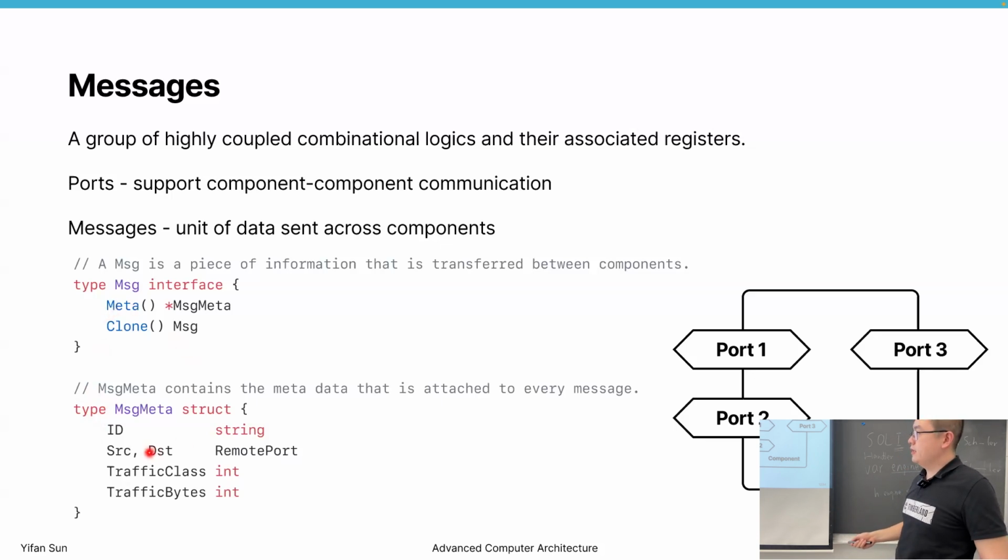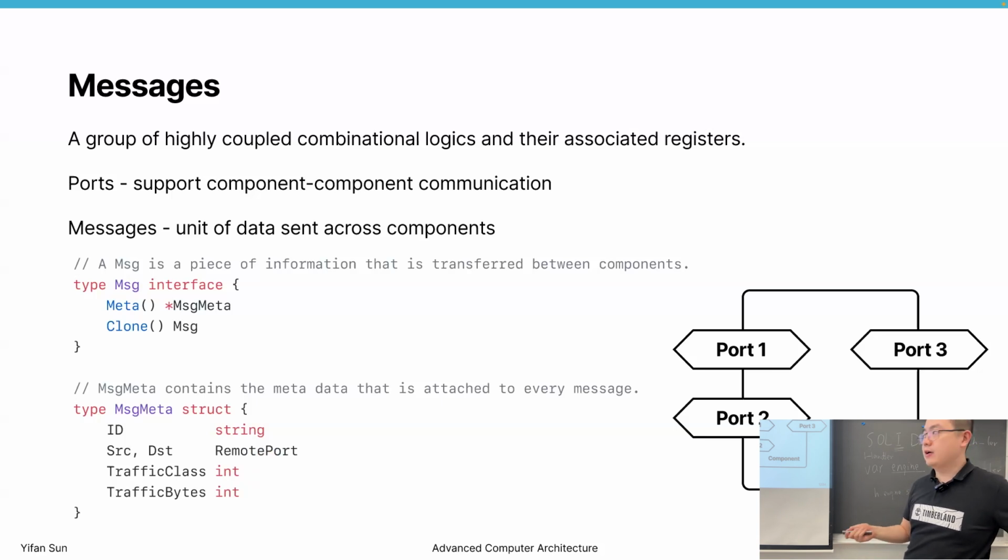Okay, so message meta returns source and destination. We want to know where we send it out from and where we're sending it. This is a relatively new change. This change is less than 2 months old, that we're starting to use remote port. I think there are several of you using Akita who are probably still not aware of this change. Previously, we had a reference, just port. And remote port here is a type alias, basically a string.